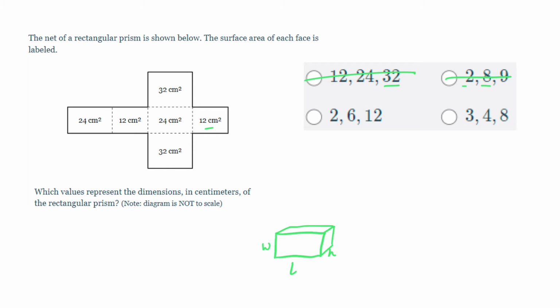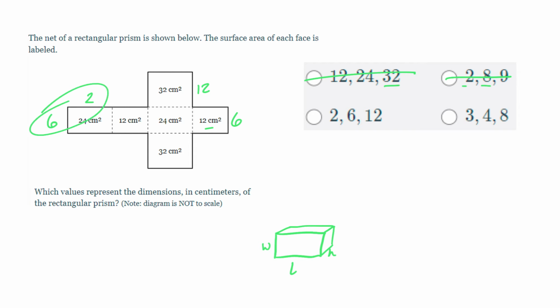Well, let's just plug in our numbers and see what we have. So let's do the 2 by 6. Let's say the entire figure was 6 in our width here. That would mean that's 6, that's 6. Well, that would mean this is 12, leaving us with this being a 2.